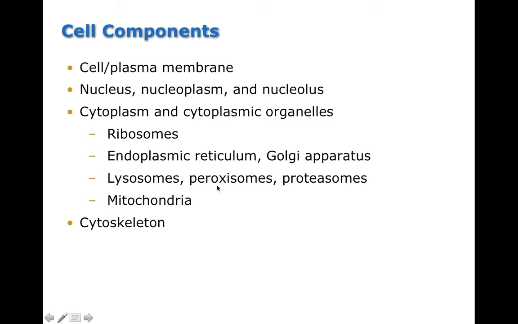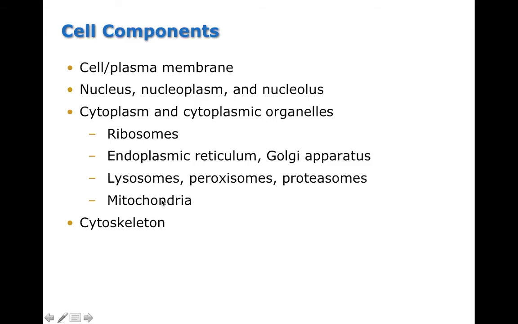In fact, peroxisomes come from smooth ER. Lysosomes are actually made by the Golgi, but peroxisomes have a very similar function to smooth ER. That's why they're involved with lipid metabolism and detoxification. It's like little mobile smooth ER units. And we also have proteasomes, which are a type of organelle involved with breaking down damaged protein from within the cell.